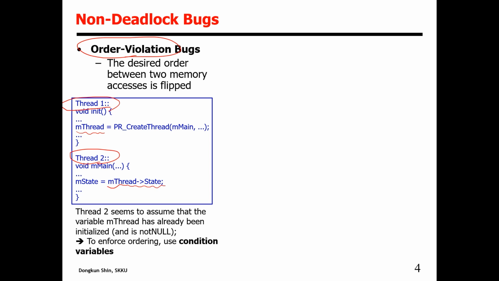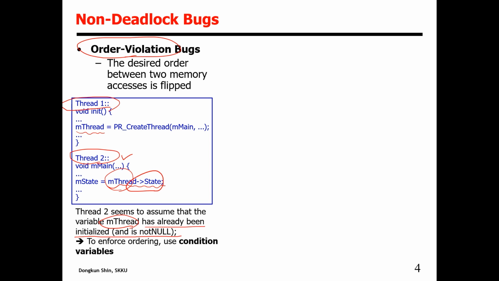Here thread 2 seems to assume that the variable mThread has already been initialized and is not null, but if thread 2 runs immediately once created, the value of mThread will not be set when it is accessed within the main function in thread 2, and it will likely crash with a null pointer reference.